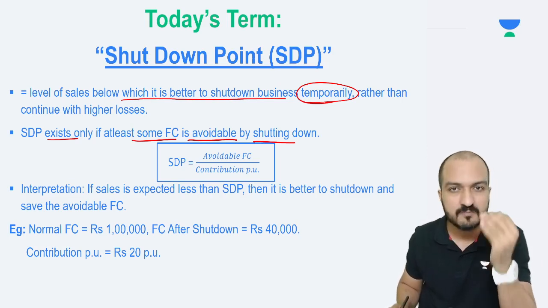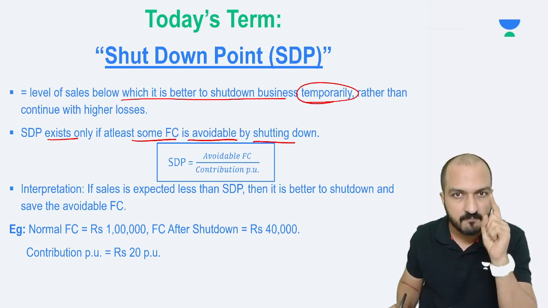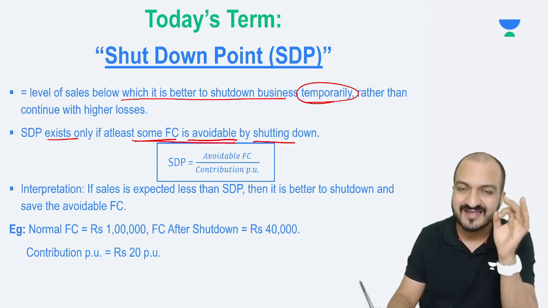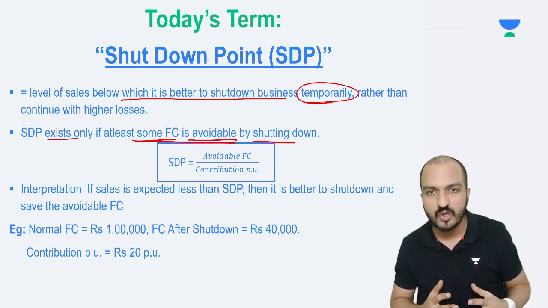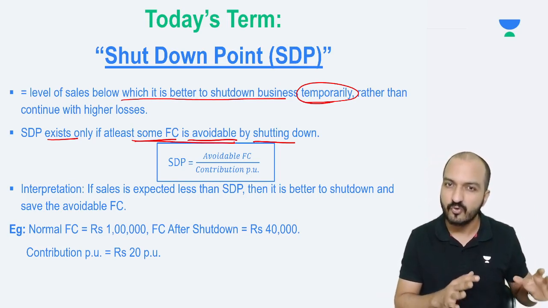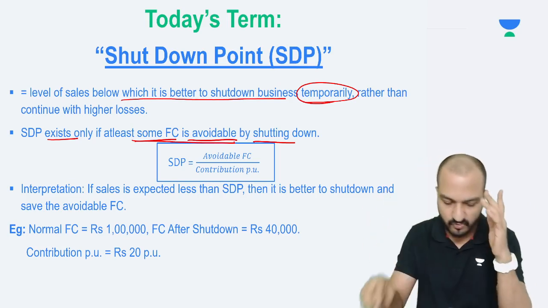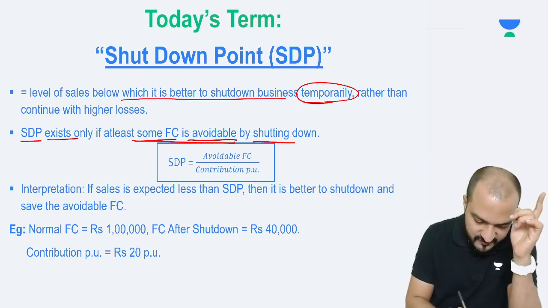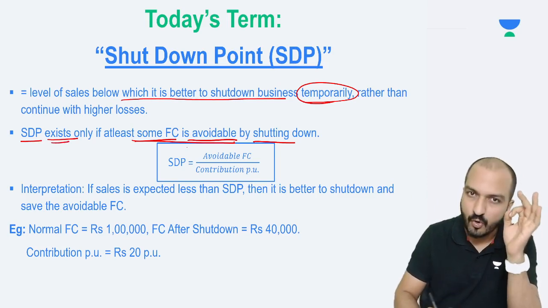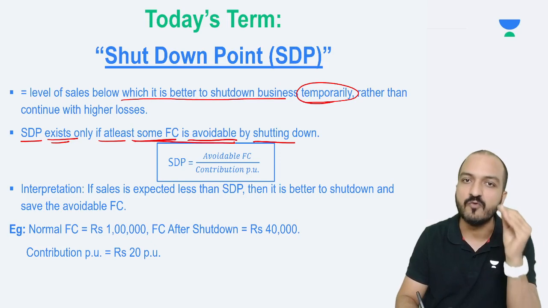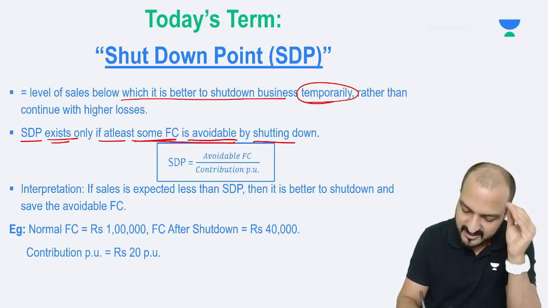So shutting down the business should give you some benefit in terms of saving some fixed cost. So if there exists at least some fixed cost which is avoidable, only then shutdown point concept will exist. That's my second rule here. The concept of shutdown point will exist only and only if there is at least some fixed cost which is avoidable by shutting down.